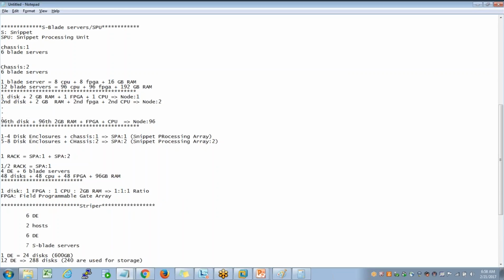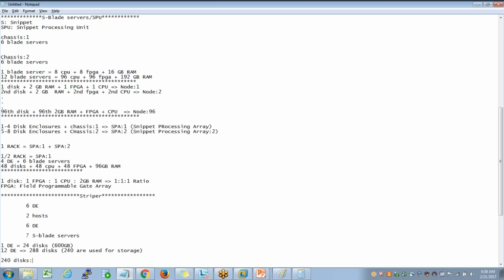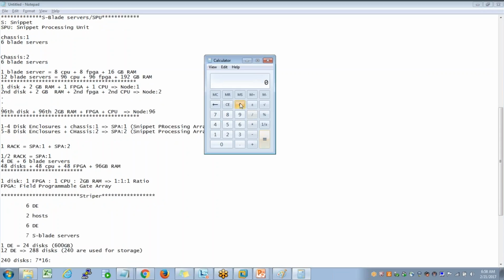So I got 240 disks. 7 multiplied by 6, approximately how much are they coming to? Approximately 2.14 disks they are allocated for each server. Approximately 2 or 3 disks they are giving to each blade server.